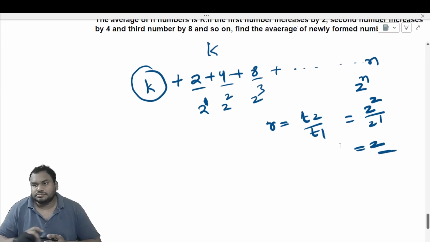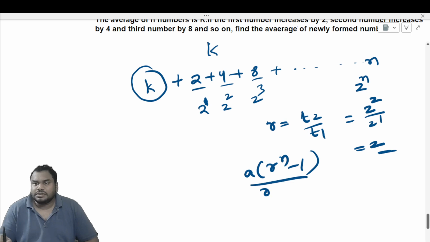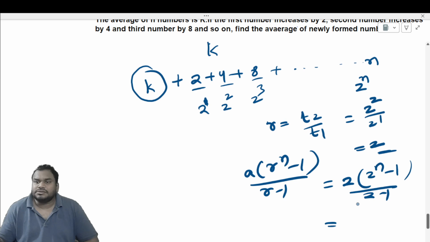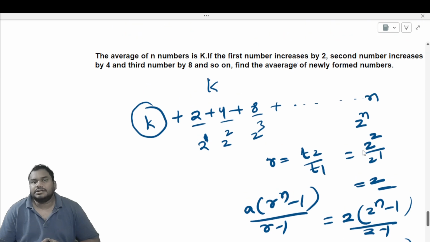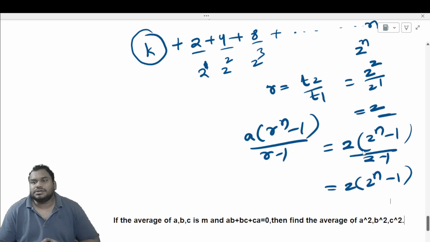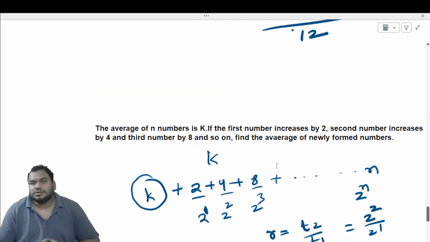Now, what is the formula for the summation of a geometric progression? a into r to the power of n minus 1 by r minus 1. So this is equal to 2 into 2 to the power of n minus 1 by 2 minus 1. So it would be 2 into 2 power n minus 1. But here there is one more term, that is k.